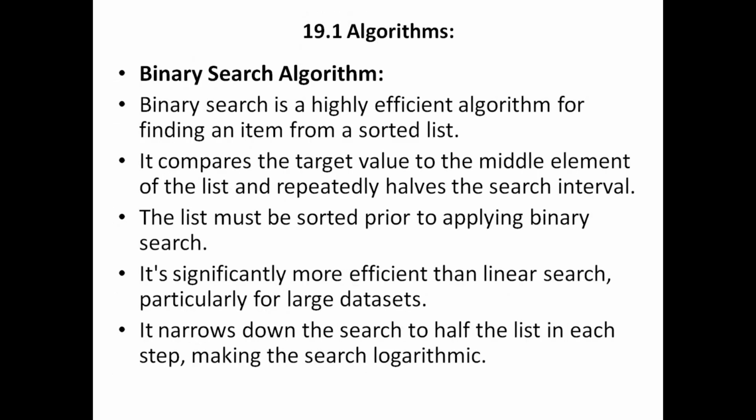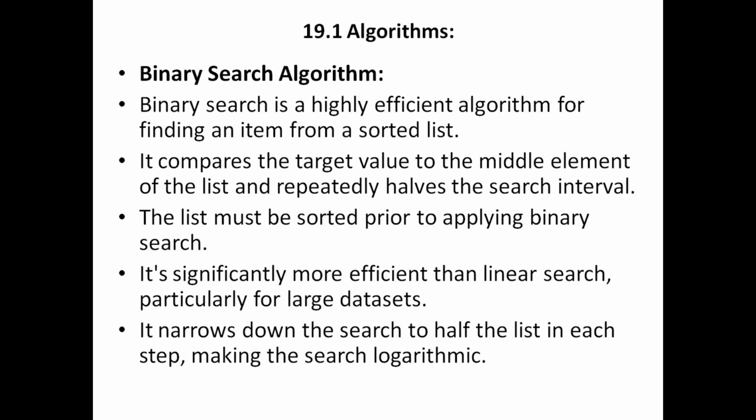Now, something which is unique in A2 paper number 3 is binary search. It is a very efficient searching algorithm, far more efficient than a linear search. It compares the target value to the middle element of the array and repeatedly halves the search interval. The list has to be sorted prior to applying binary search, otherwise it cannot work.